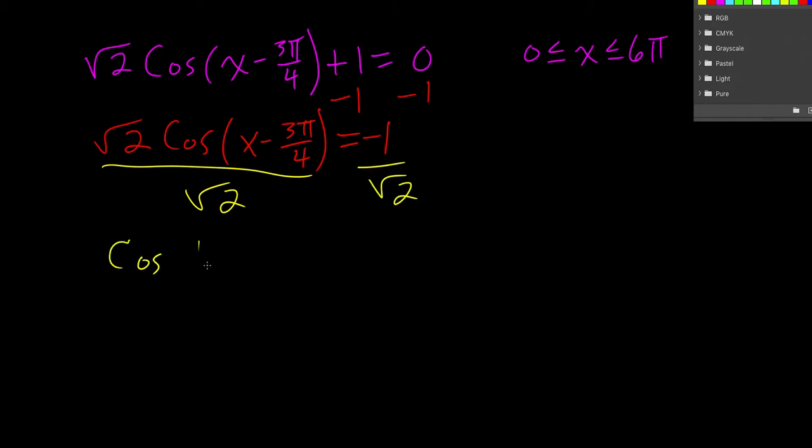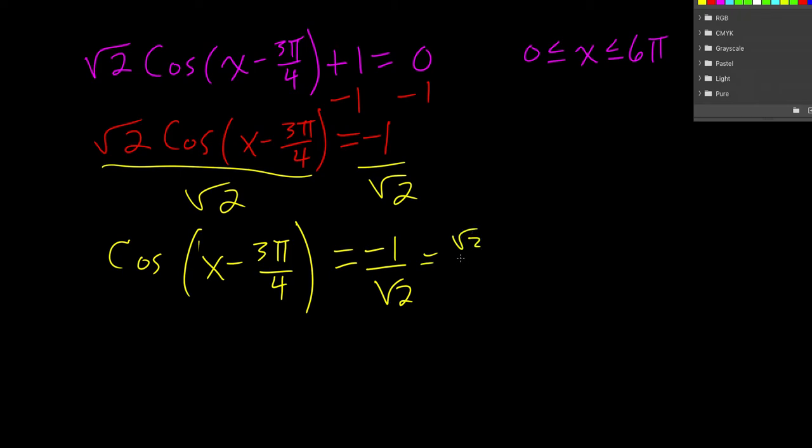We end up with cosine of x minus 3 pi/4 equals negative 1 over root 2, which in the previous part of this video we realized is negative square root of 2 over 2.